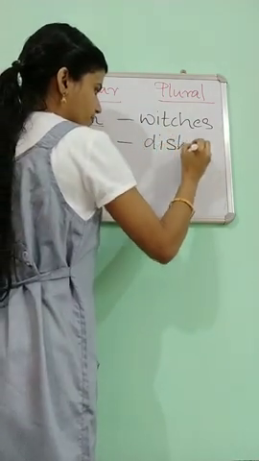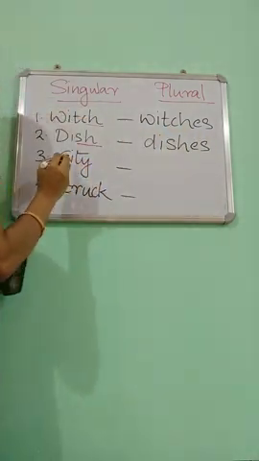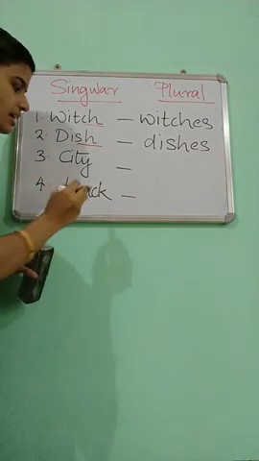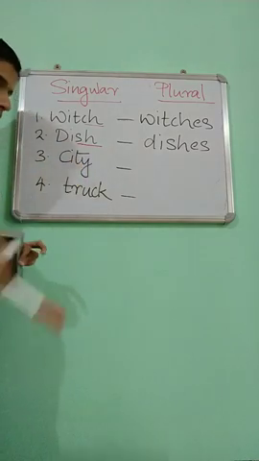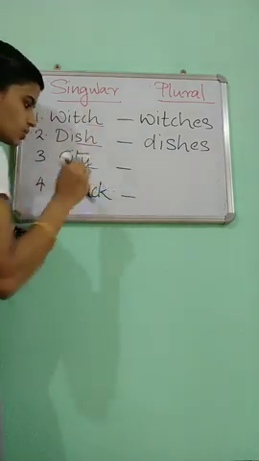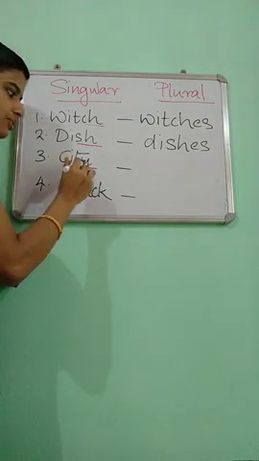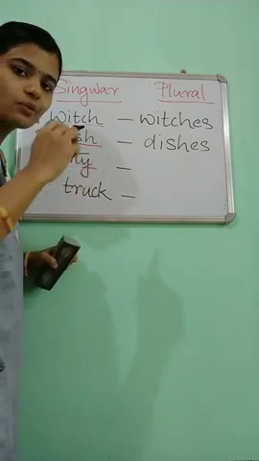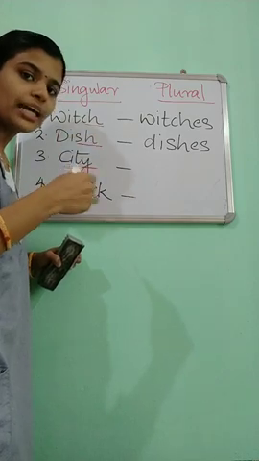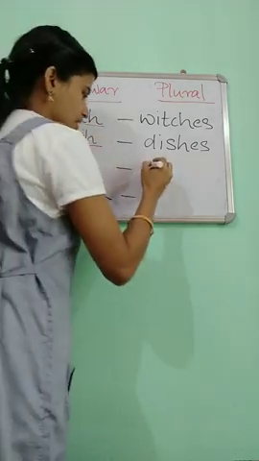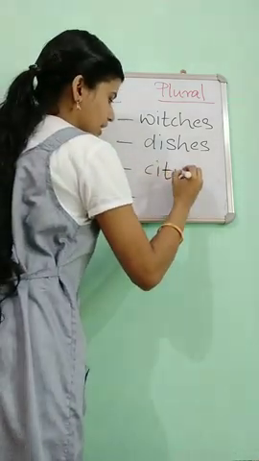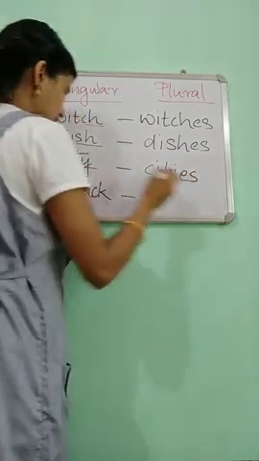Dishes. Then, city. The last letter is Y. So, in the case of nouns ending with Y, we should drop the Y and add IES. Cities. The plural of city is cities.